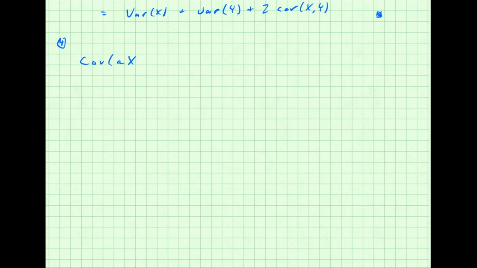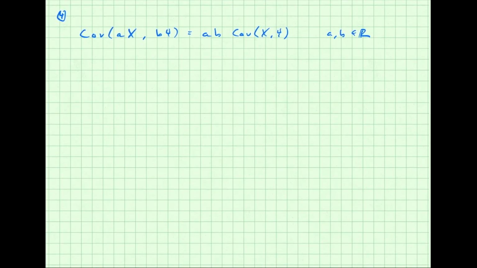The covariance of a times X and b times Y is equal to, and we'll prove this, a times b times the covariance of X and Y. And so here a and b are real. We'll prove this first, and then I'll talk about why this identifies a problem with covariance.